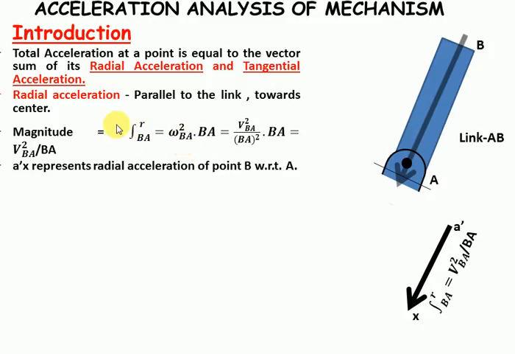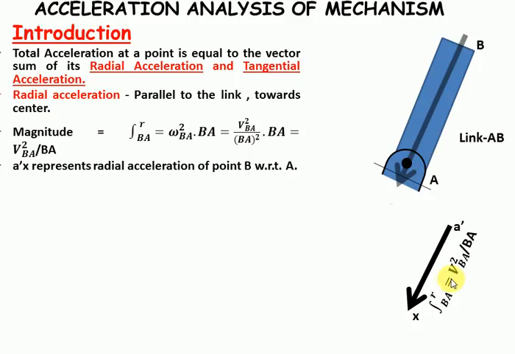This, f_rBA, represents the radial acceleration of point B with respect to A, which is omega square of BA into distance BA, which can also be written as V square BA upon BA square multiplied by BA, which comes out to be the magnitude of radial acceleration of B with respect to A as V square BA divided by the distance BA, and it is parallel to the link.